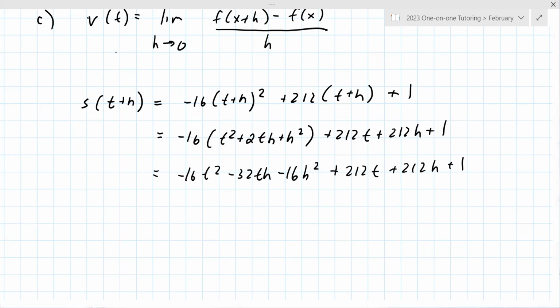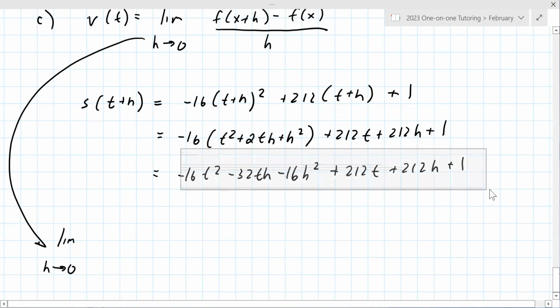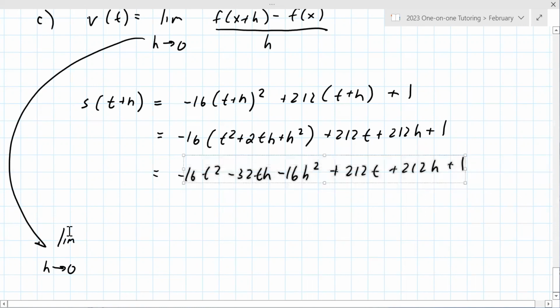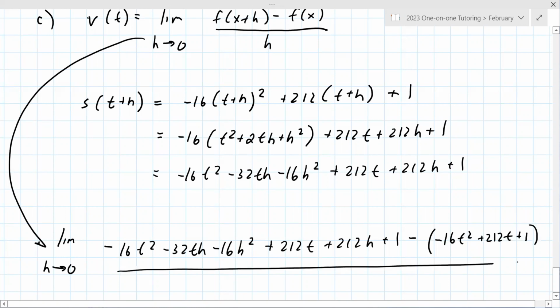All right, so that's the thing that we needed for this. Limit as h goes to 0. So we need all of this line that we just calculated right there. That's s of t plus h minus s of t, which is the minus 16t squared plus 212t plus 1, all over h.